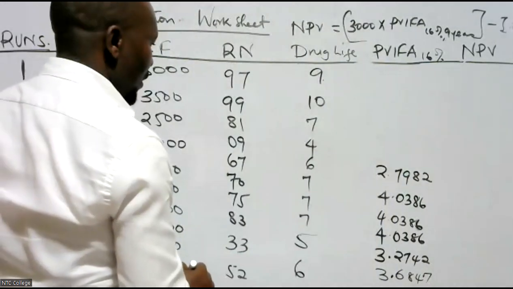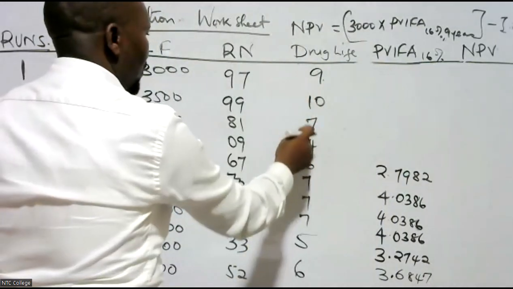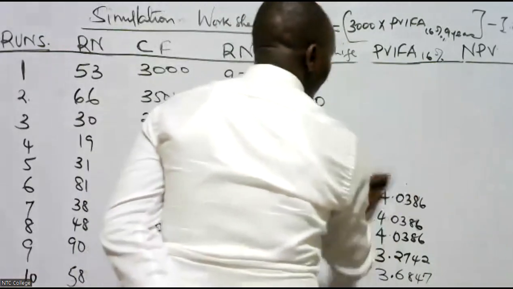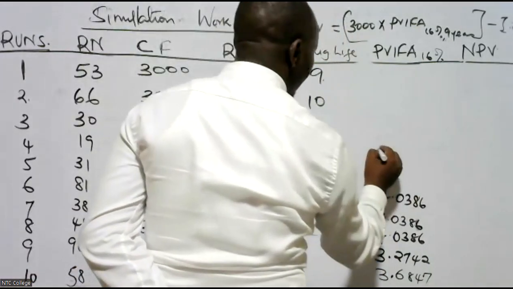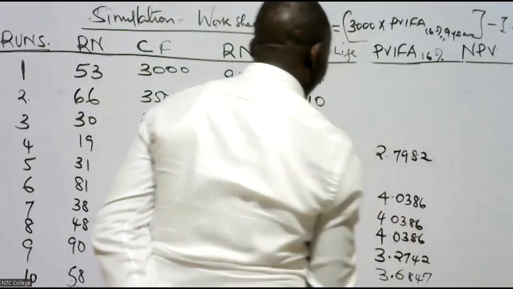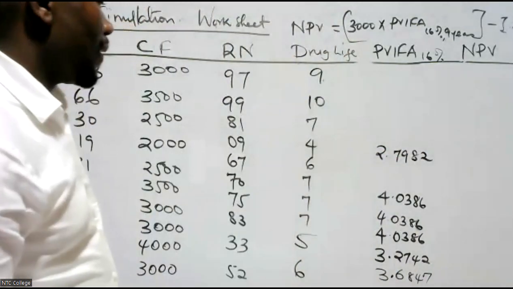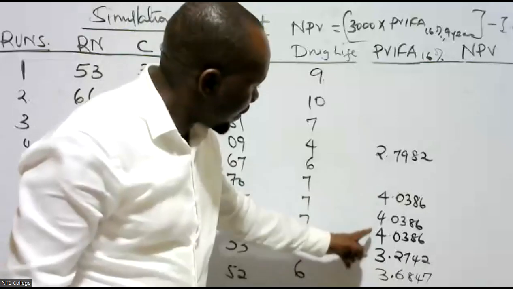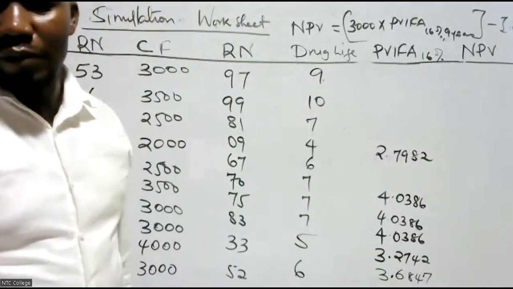Is it the fourth one? No, that is 4. I haven't helped Waziri yet, so it is here, 2.7982. Give me the figures. I'm done with mine.